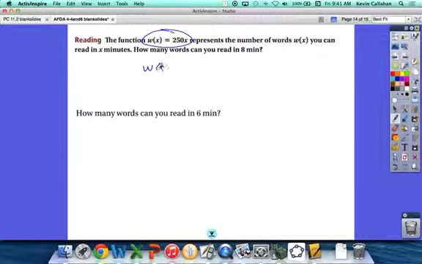So you would say w of 8 equals 250 times 8, right? So you just plug in. If you want to know how many you could read in 8 minutes, plug in x equals 8. And that is 2,000.